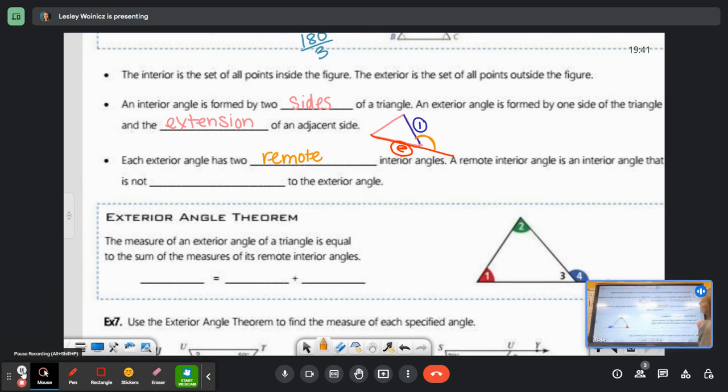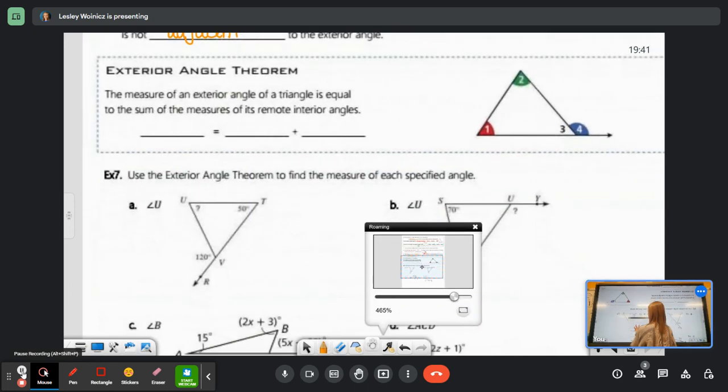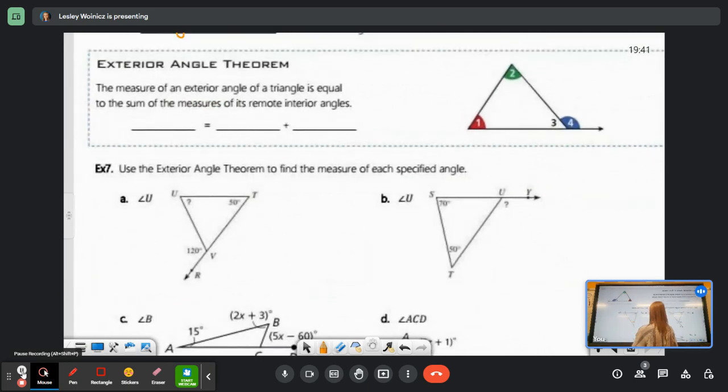A remote interior angle is an interior angle that is not adjacent. Here's a better picture than my sad little picture. Here is our exterior angle theorem.